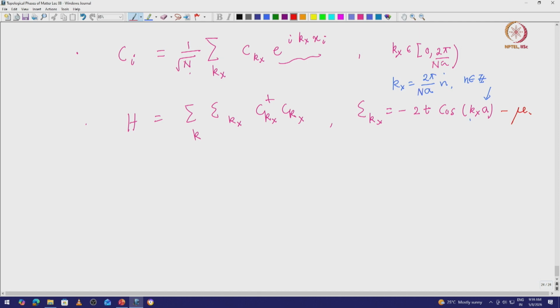If you plot it, generally one plots it from minus pi by a to pi by a. One can also plot it from 0 to 2 pi by a.